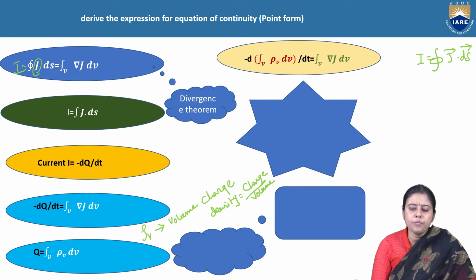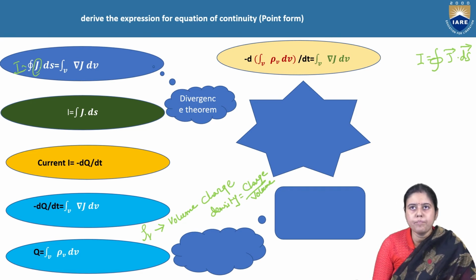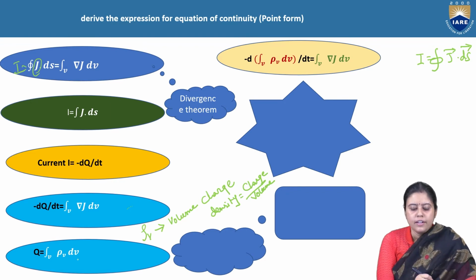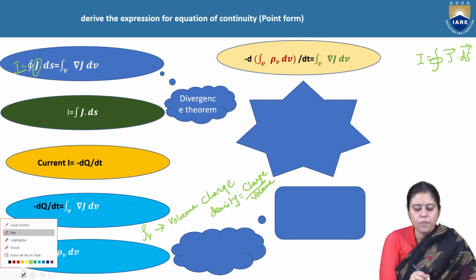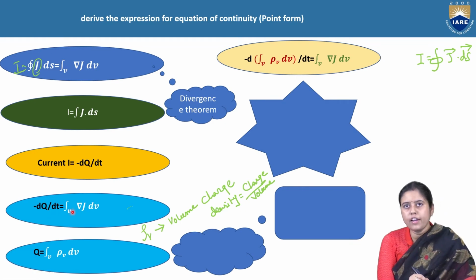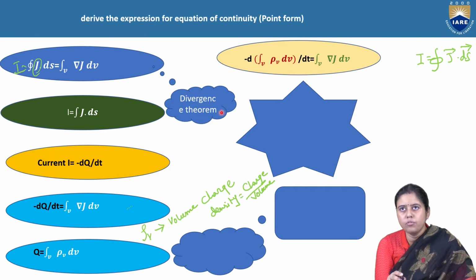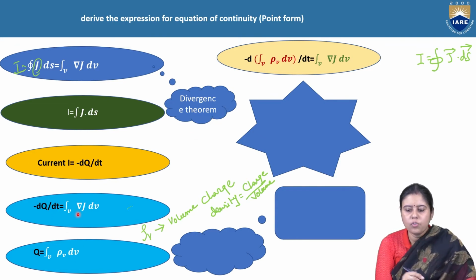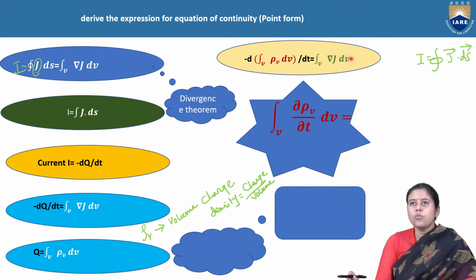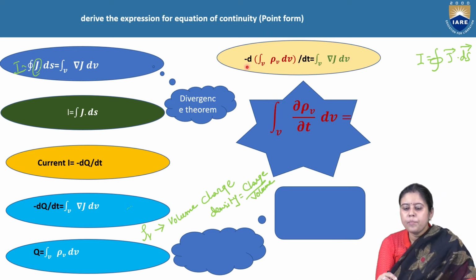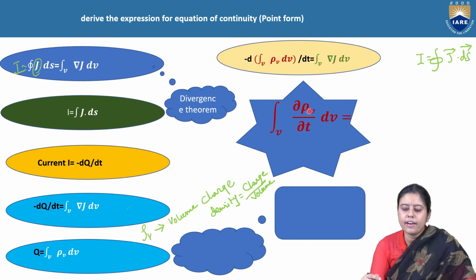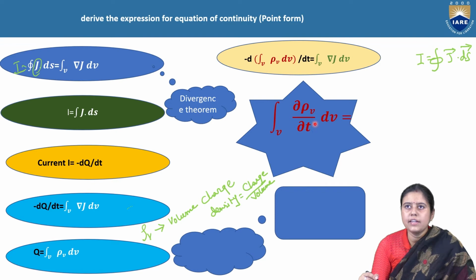So in the place of q, we substitute the value from this equation: minus d by dt of the integral of rho v dv equals the integral of grad dot J dv. If we take the d inside, we can write del rho v by del t dv.